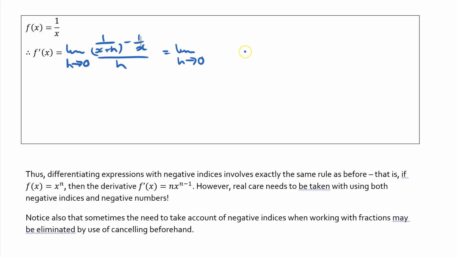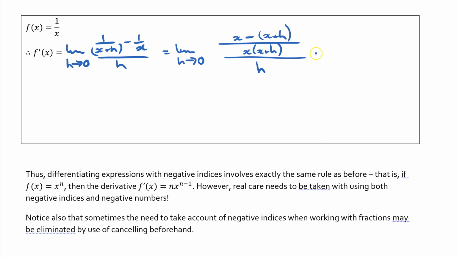So our common denominator on the top would be x outside of x plus h. That will give us x, since x plus h will go into this x times, so it will give us x minus, and x will go into x plus h, x plus h times, so minus x plus h, all over h.